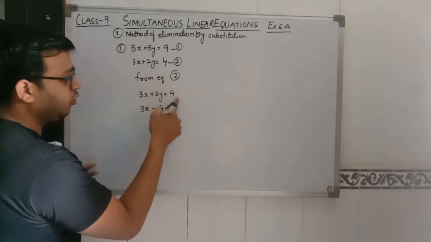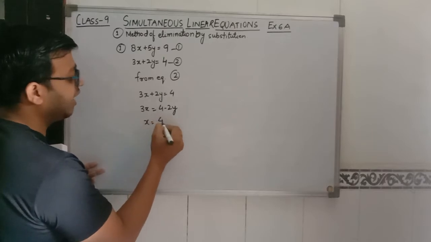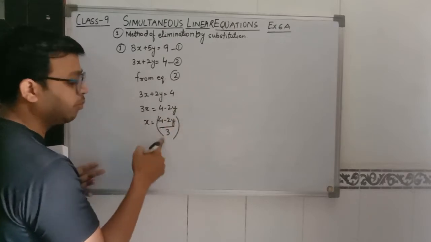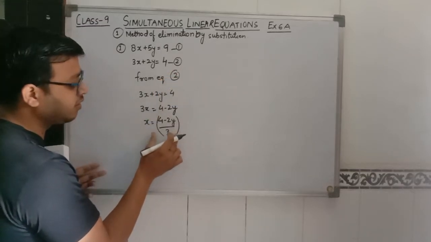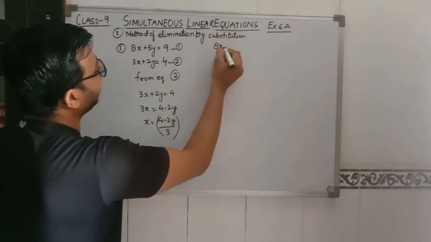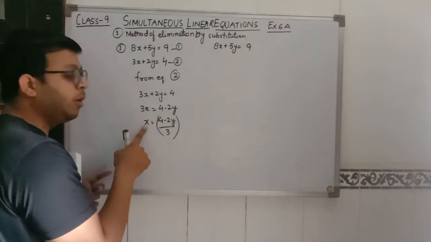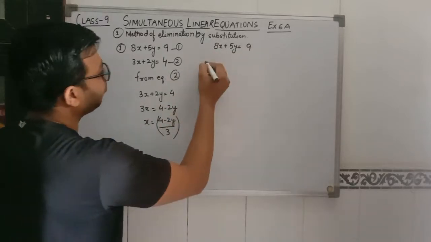When we displace 2y to the other side, it becomes 4 minus 2y, and the value of x will become 4 minus 2y upon 3. Now equation 1 says 8x plus 5y is equal to 9. In place of x you have to place this value.